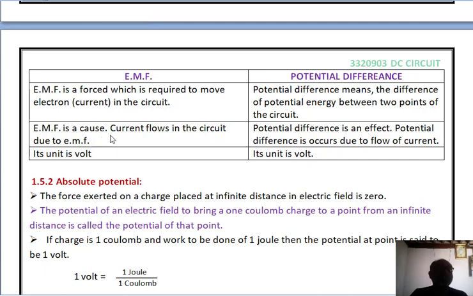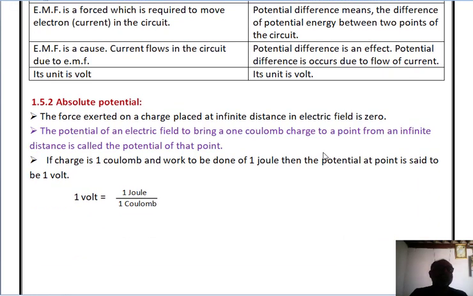EMF is the cause; current or charge flows in the circuit due to this EMF. The potential difference is an effect, and it occurs due to the flow of current in the circuit. The unit of EMF is volt, and the unit of potential difference is also volt. What is absolute potential?